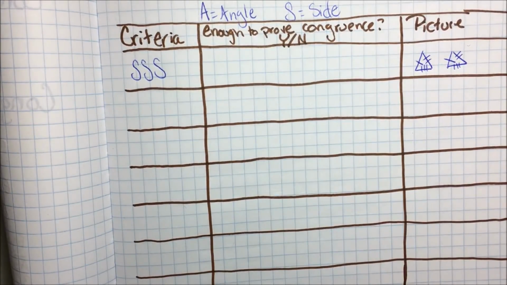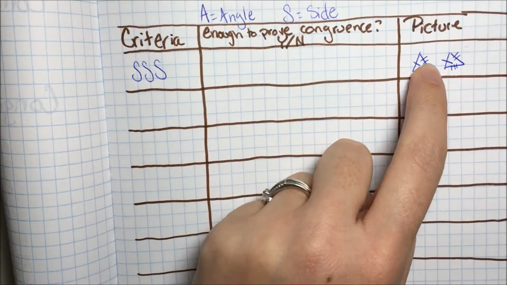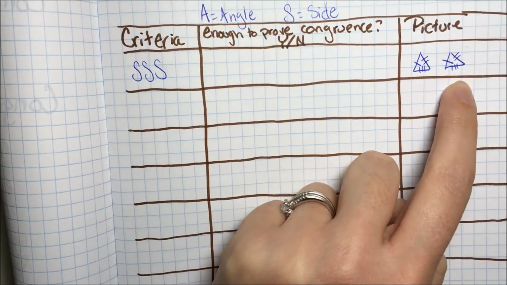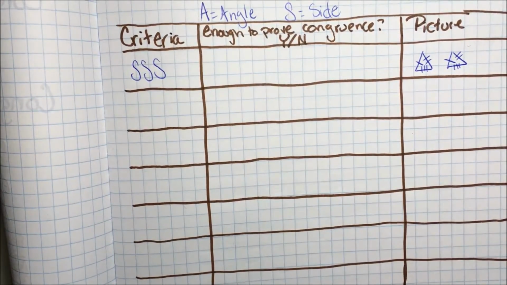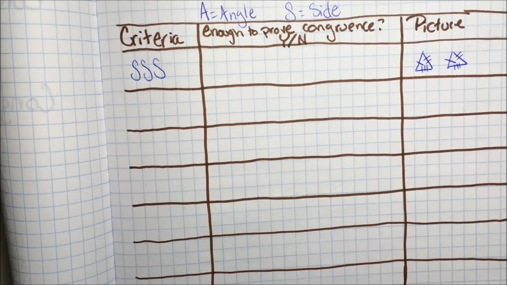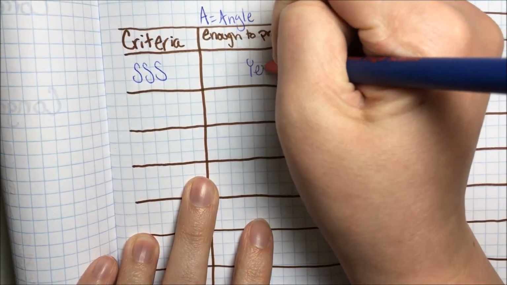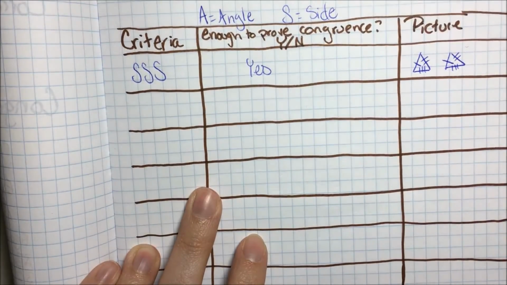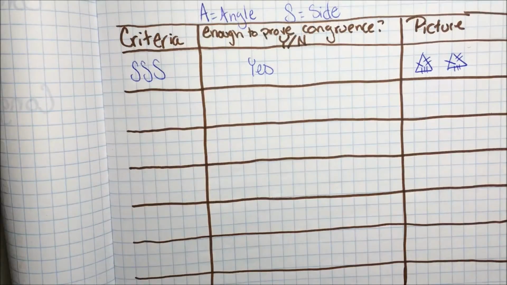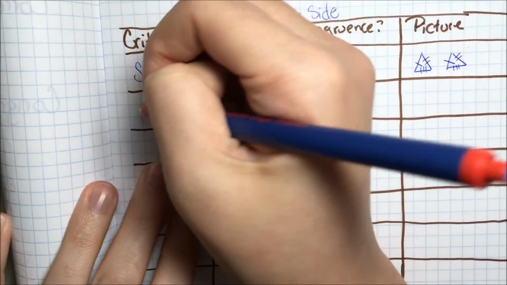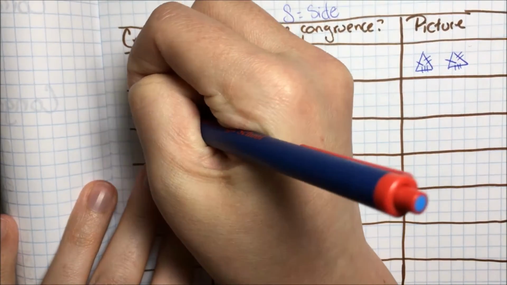Okay, we have one pair of congruent sides, two pairs of congruent sides, three pairs of congruent sides. And based on our definition of congruence, that two things are congruent if they can be mapped onto one another, this would be congruent because each side length maps onto another side length that is congruent. Yes, that is enough.